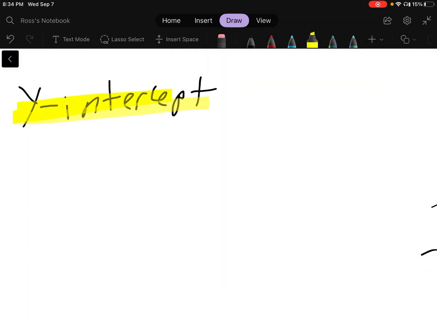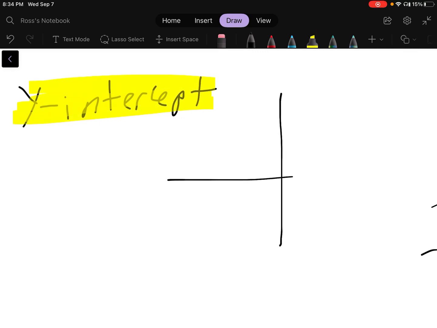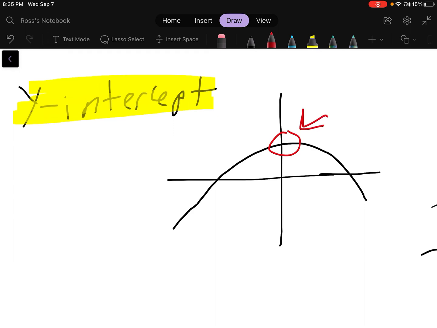So y-intercept, again, for the notes, it's always good to have that review in case you're feeling a little rusty. Y-intercepts happen when a function touches the y-axis. That's it. This is the y-intercept right here, okay?